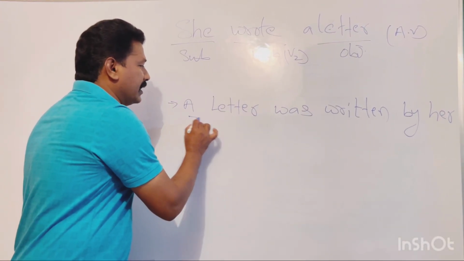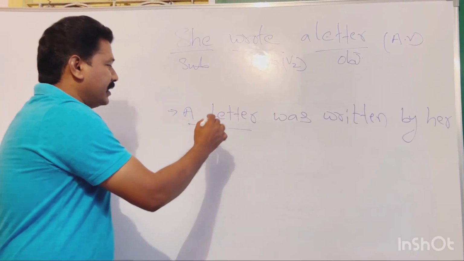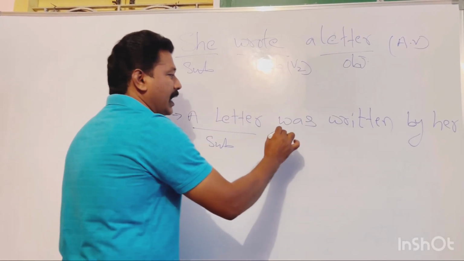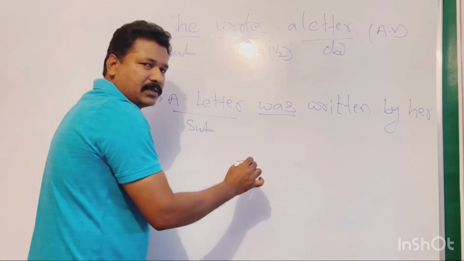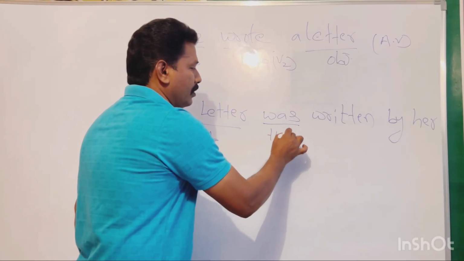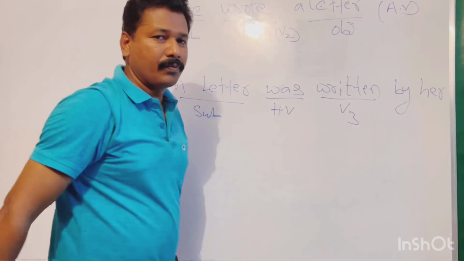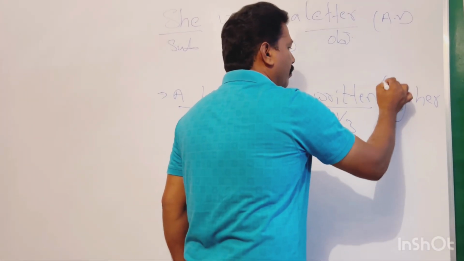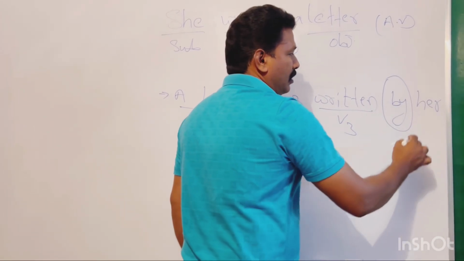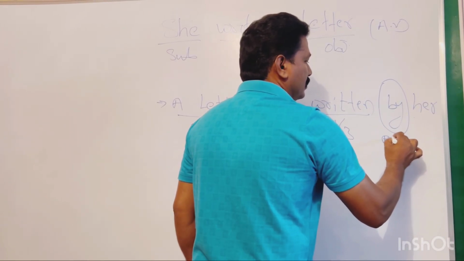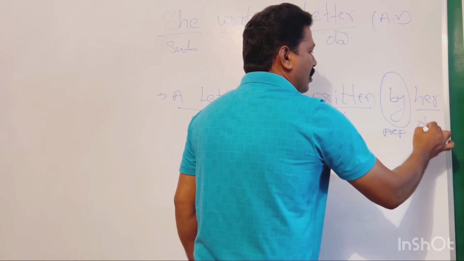So here let us name the parts again. Here a letter is the subject, was is the helping verb, and written is the third form of the verb, right? By is the preposition, and here her is the object.